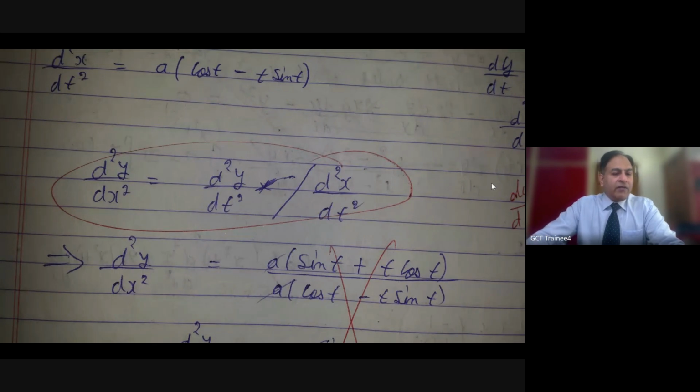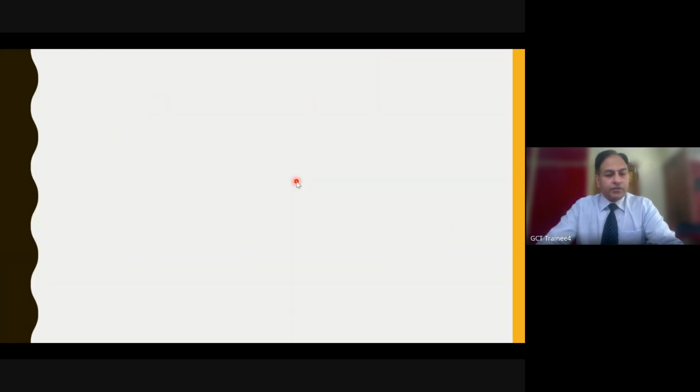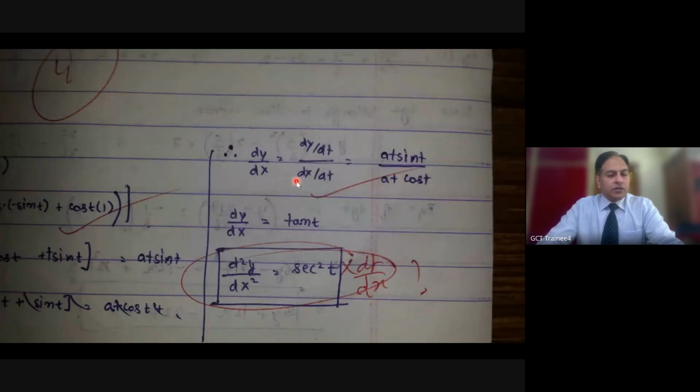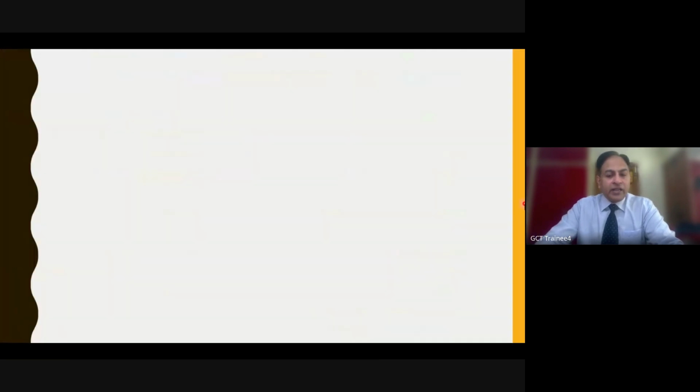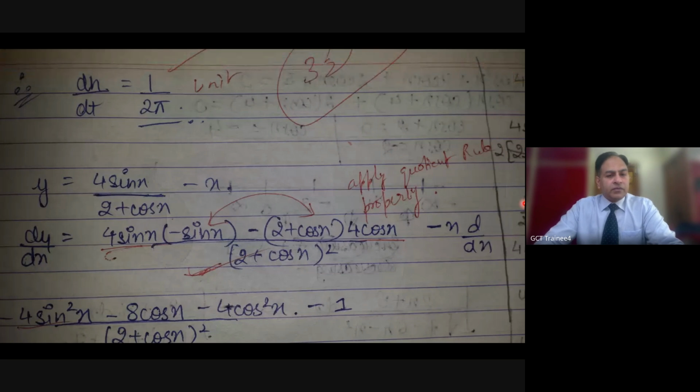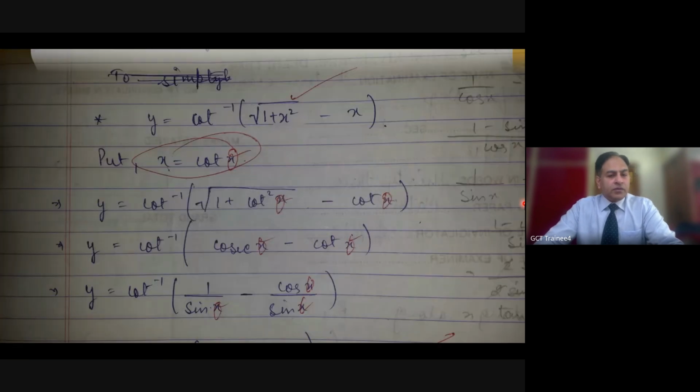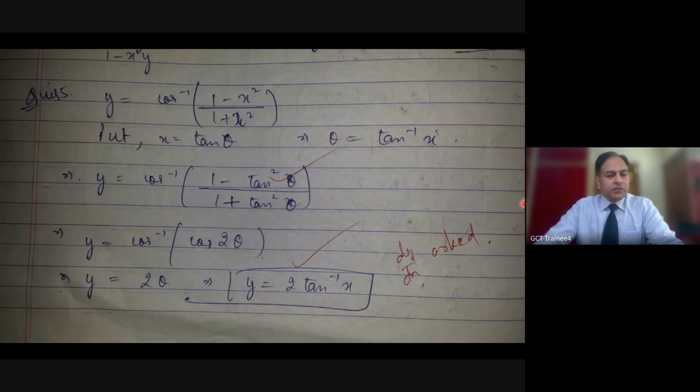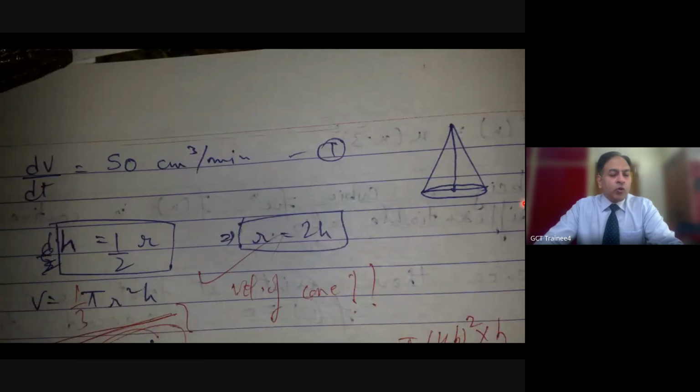Again, getting the double derivative, I think the idea is clear. What type of mistake the student has made, and this is a common mistake you must have observed. In parametric form, forgetting to multiply by dt by dx. In the volume of a cone formulas, there is a confusion.